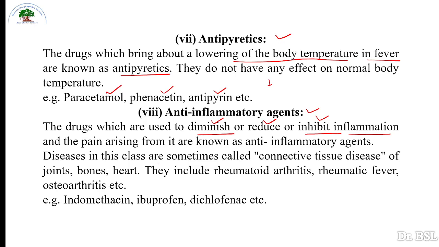Diseases in this class are sometimes called connective tissue diseases of joint, bone, heart. They include rheumatoid arthritis, rheumatic fever, osteoarthritis, and indomethacin, ibuprofen, diclofenac are examples of anti-inflammatory drugs.